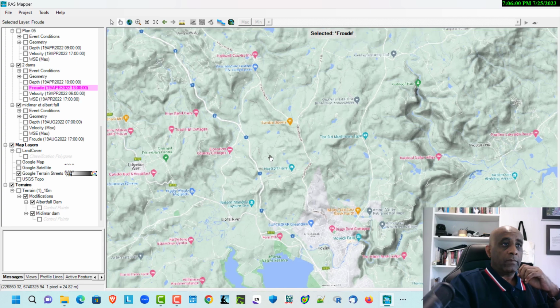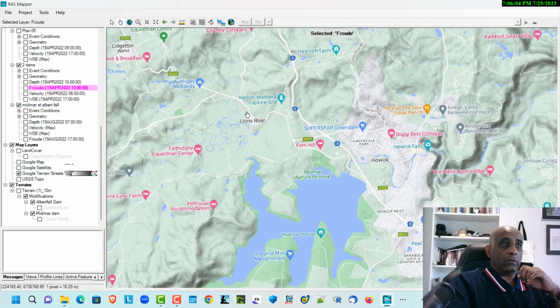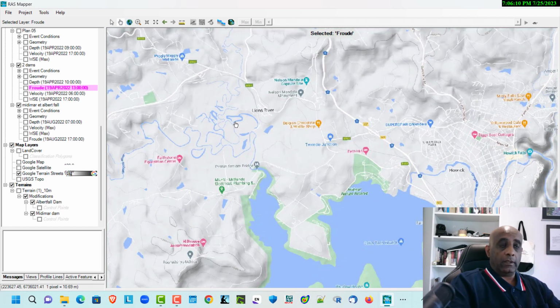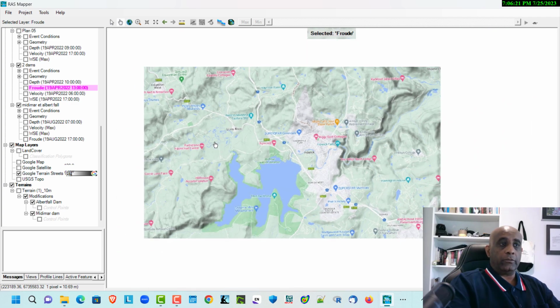You see, this area is a wetland. This area, the Lion River and the Umgeni River come from Mooi River. You see, this is a wetland. And HEC-RAS clearly shows that this area will be inundated if that extreme flood comes.